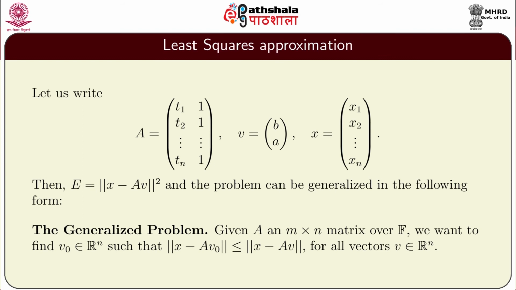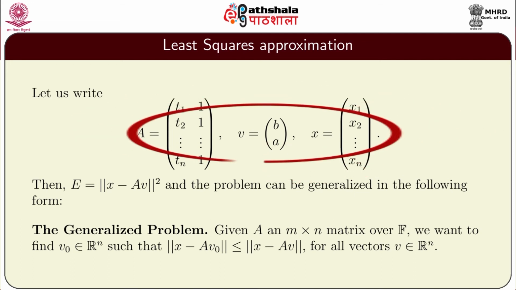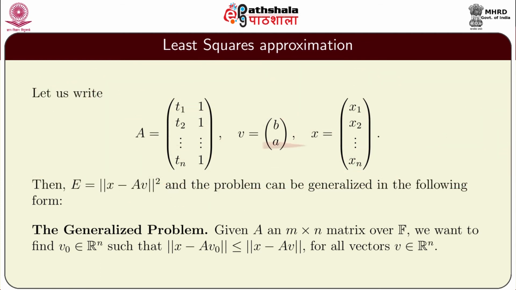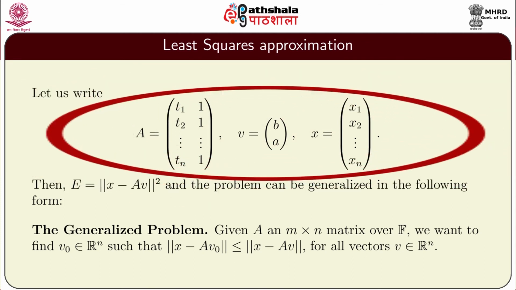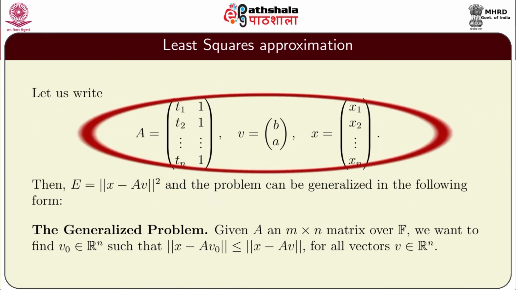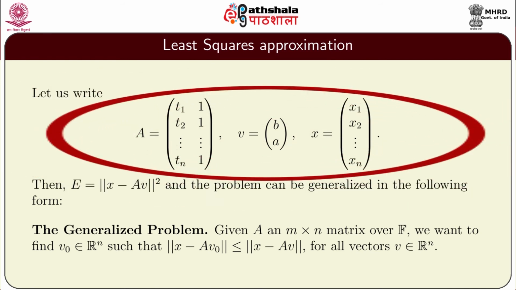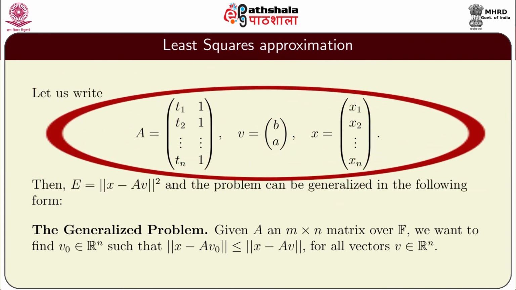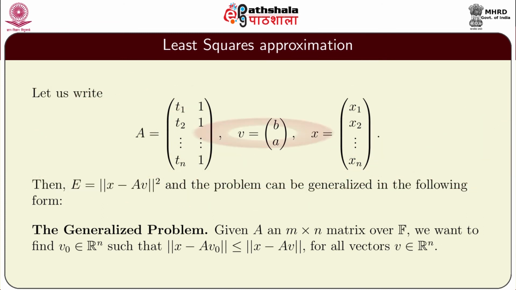If we rewrite this problem in matrix notation, then this matrix A, which is an n cross 2 matrix, is given by the first row t1 1, second row t2 1 and so on, the nth row tn 1, and then V is this column matrix b a, and X is this column matrix x1, x2 and so on xn.